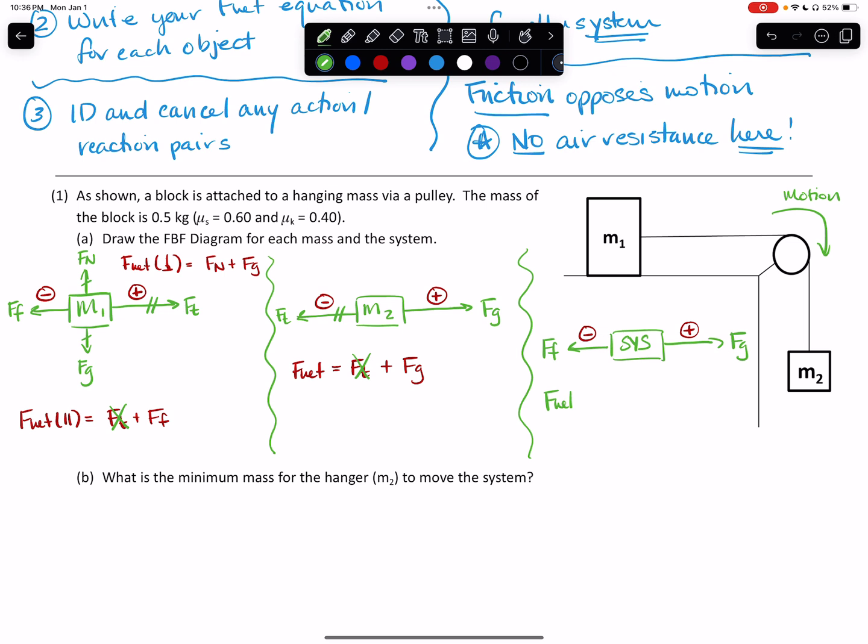So F net for the system is going to be equal to that frictional force plus that gravitational force. And again, this is going to be negative and this is going to be positive, and our F net should also be positive. So this is going to be our free body force diagrams for each individual piece and then the system as a whole.